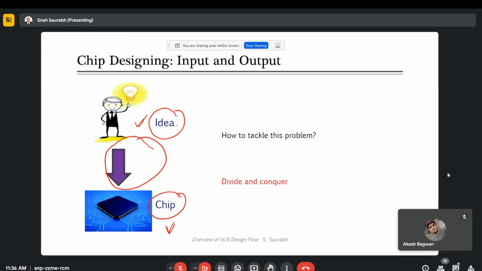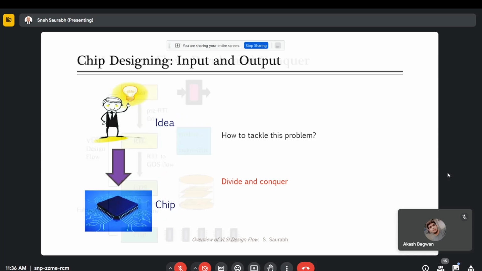So we don't attack this problem in one step. What we say is let's divide this big problem into small steps, and then carry out each step in a set of processes which is arranged in a type of flow, and we get what is known as VLSI design flow, right?